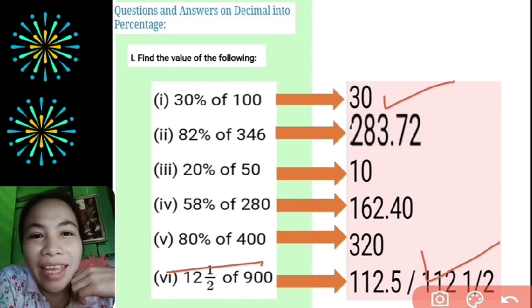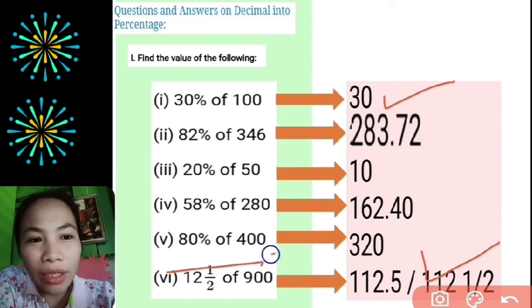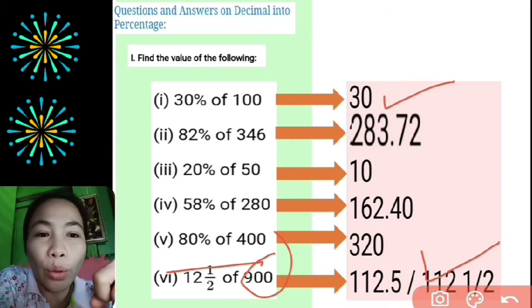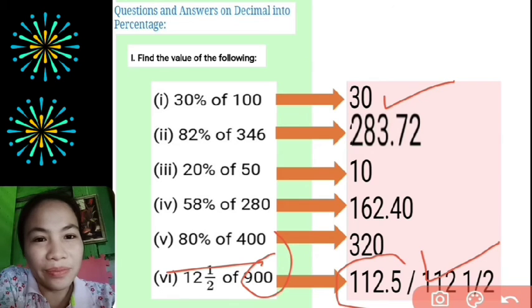As an example, when we buy shoes and it costs 900 pesos, and the less is 12.5%, your 900 will be deducted by 112.5. So you only pay 700 plus.